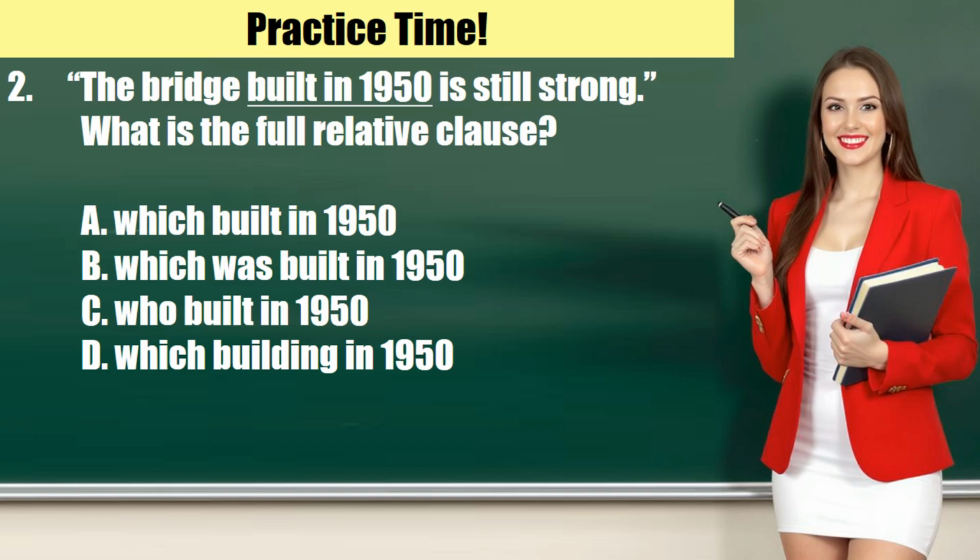D. Which building in 1950? Correct answer, B. Explanation. The bridge received the action, so the structure is passive. The reduced clause uses "built," which is a past participle. The full clause is "which was built in 1950."